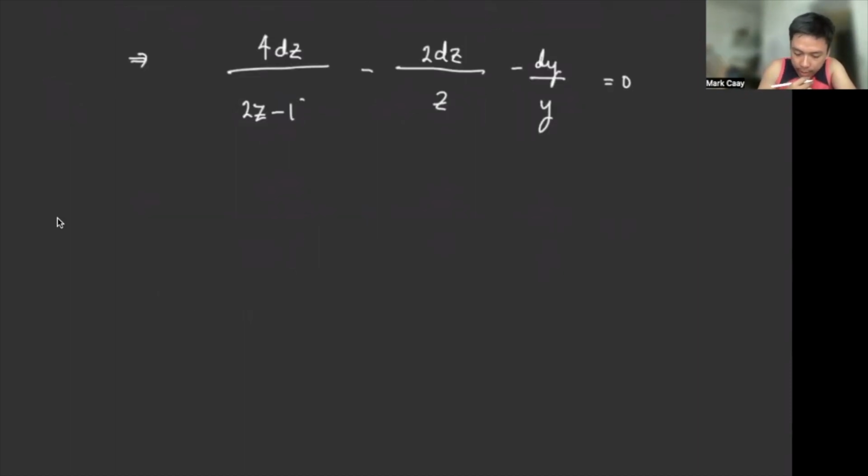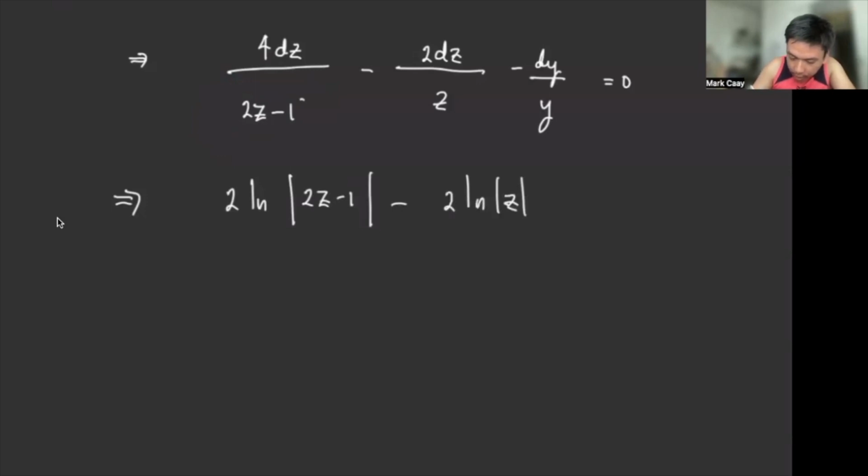So, obvious yan. So, therefore, if I'm gonna take the integral of both sides, ang mangyayari, kasi alam natin, the derivative of this is equal to 2. Tama? 2dz. So, ibig sabihin the integral of this one is 2 ln of 2z minus 1. Ito naman, that is 2 ln of z, integral niya. And this is ln of y.